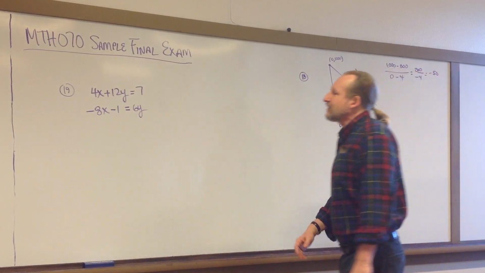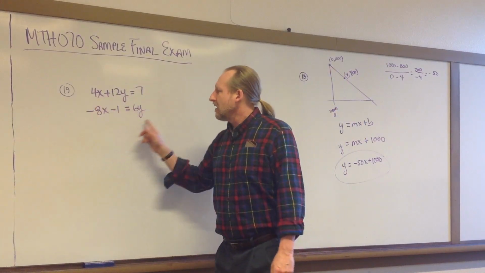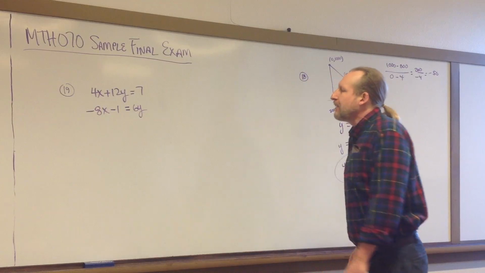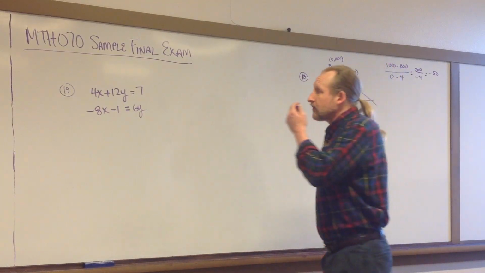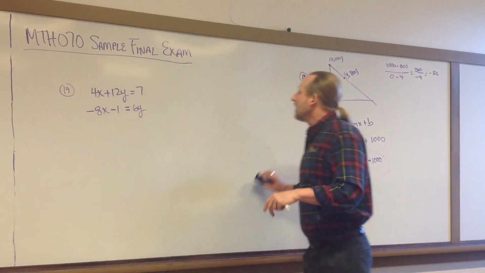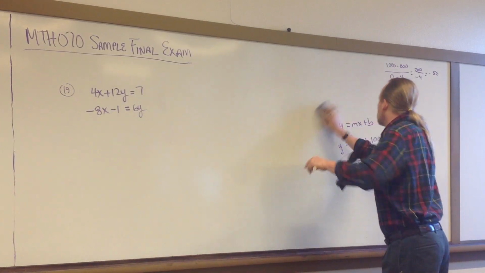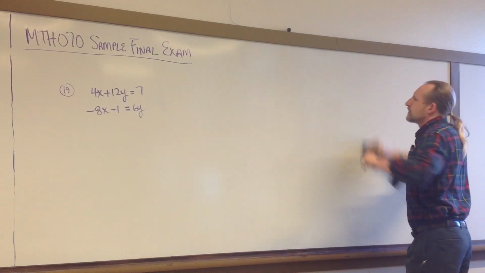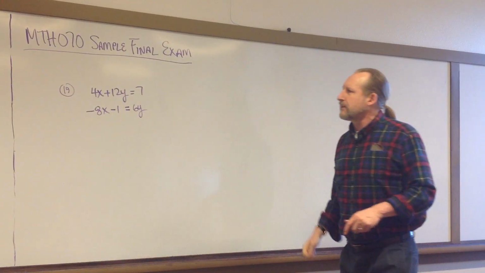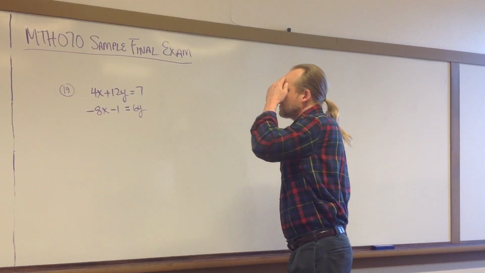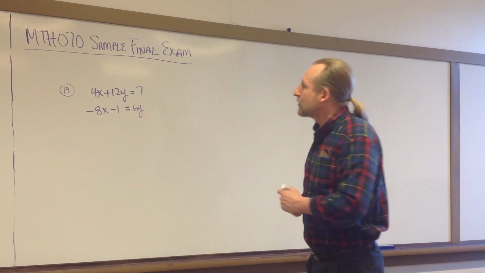Because if we can get the y by itself here, that's going to produce fractions. So I'll tell you what, I'll do this the two ways that don't involve graphing, okay? Because graphing here, I think we're going to have non-whole numbers involved, and that's where graphing doesn't really lend itself. So first off, I'll do this by substitution.